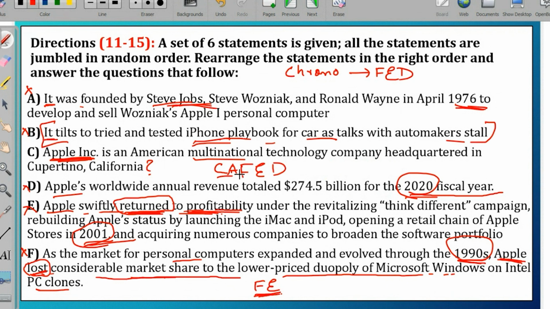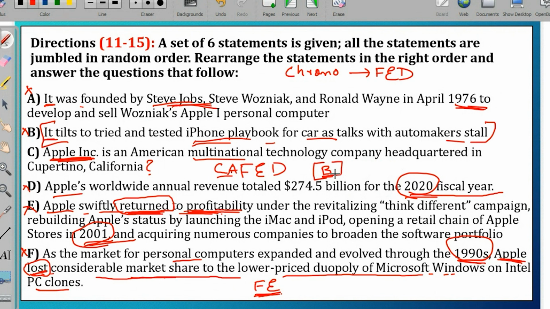Now, CAFED is the proper sequence. Okay, now, and B is related to iPhone, but it is not following any continuation, or it is not fitting in the sequence. Okay, now, we'll just keep the B in some bracket as of now. We'll just solve the questions and then we'll see how it is. Because I think that this is not related to the question.